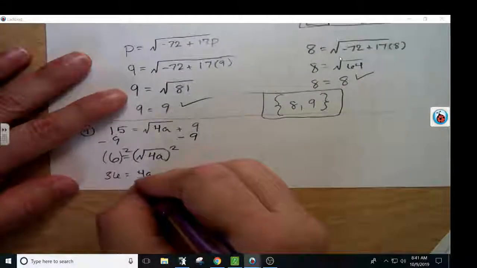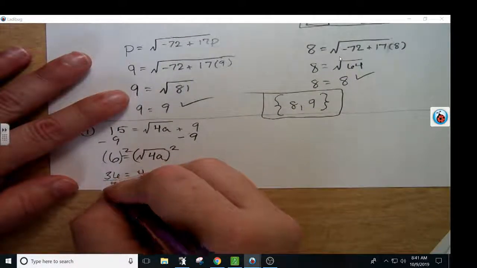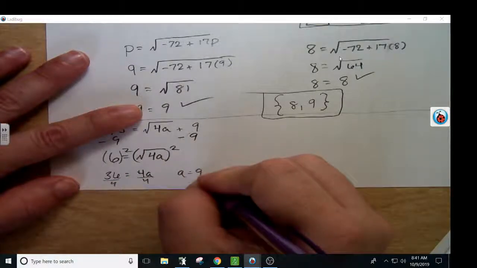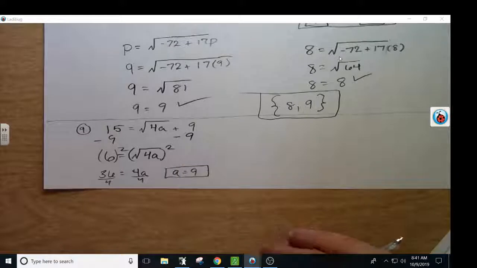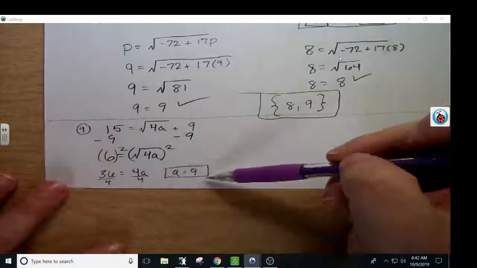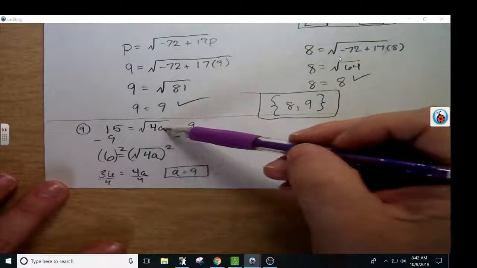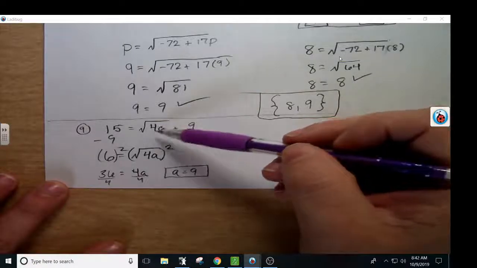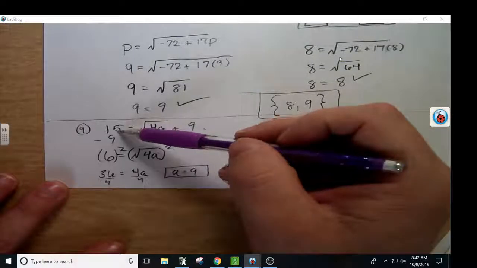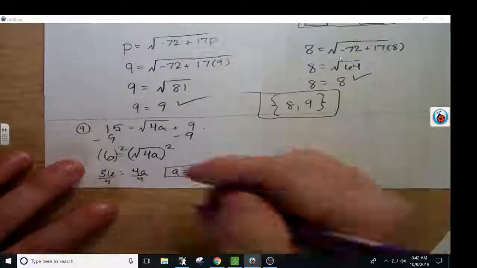Then if you divide by 4, a is 9. All right. And if you think about it, guys, that would work because 4 times 9 is 36. If a is 9, 4 times 9 is 36. The square root of 36 is 6 plus 9 would be 15. So you know that would be the right answer.